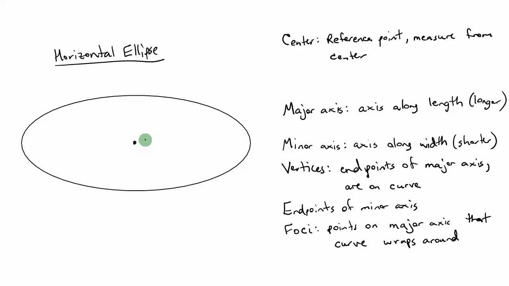That's pretty simple. Then we've got the major axis, which runs along the length. So in that case, that's from left to right, not top to bottom like it was before. So there's our major axis. Our minor axis runs along the width, so that'll be top to bottom now, or bottom to top.